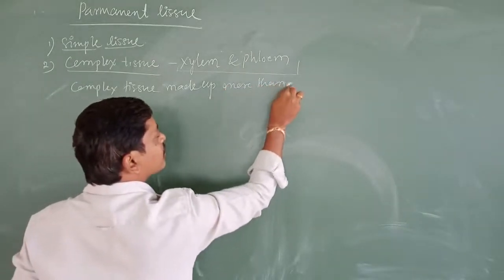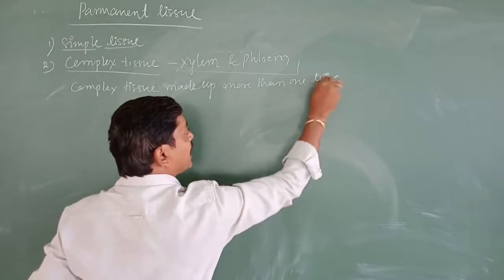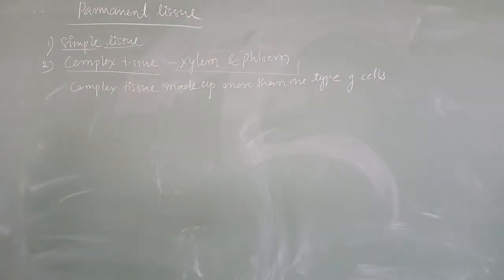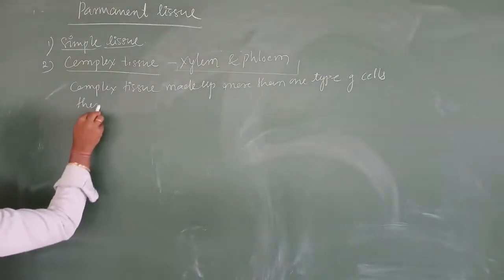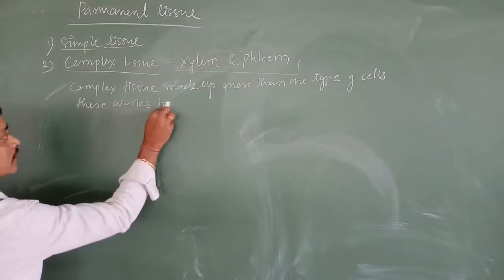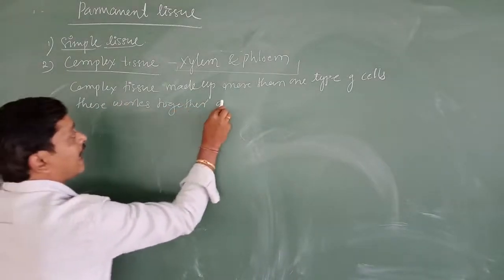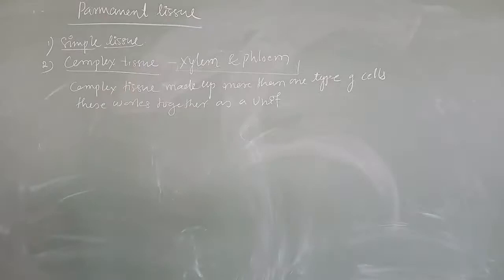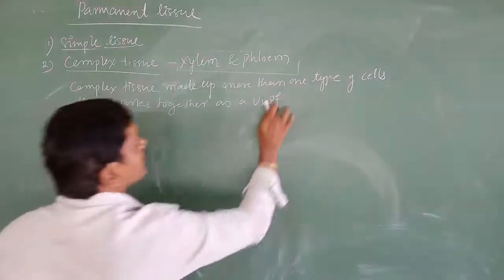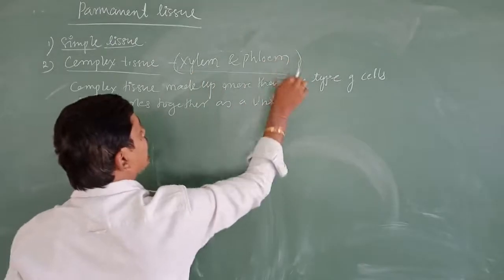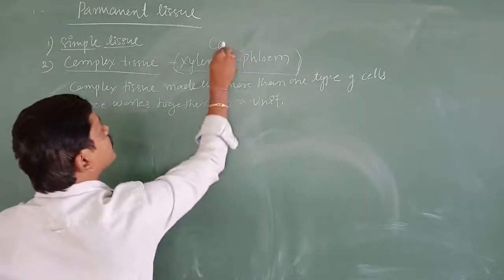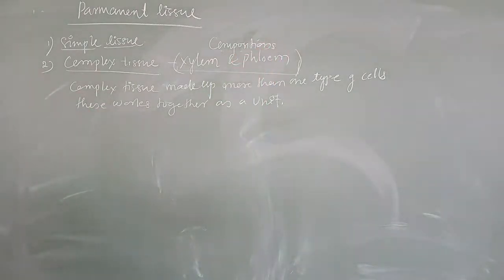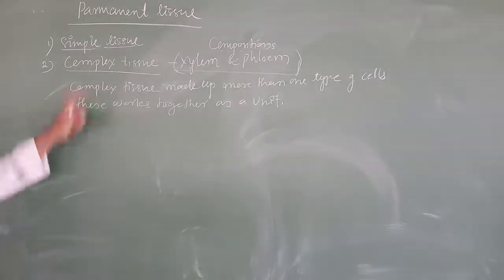These work together as a unit, and in that unit you are going to get xylem and phloem, which are the constituents, the composition, of a complex tissue.